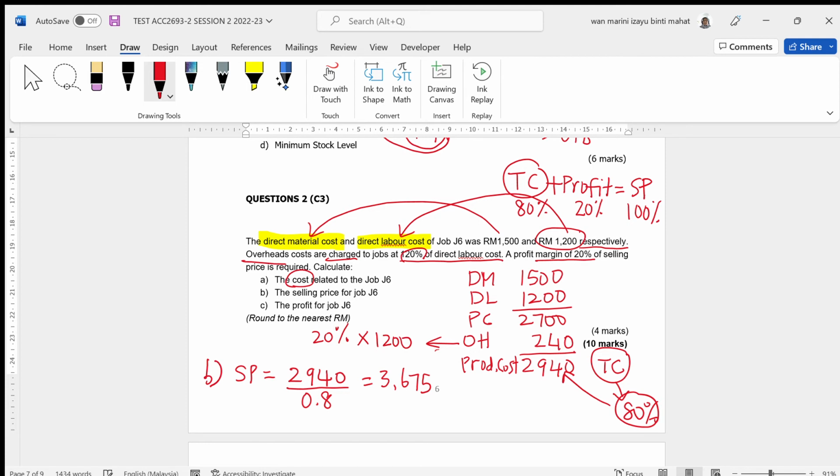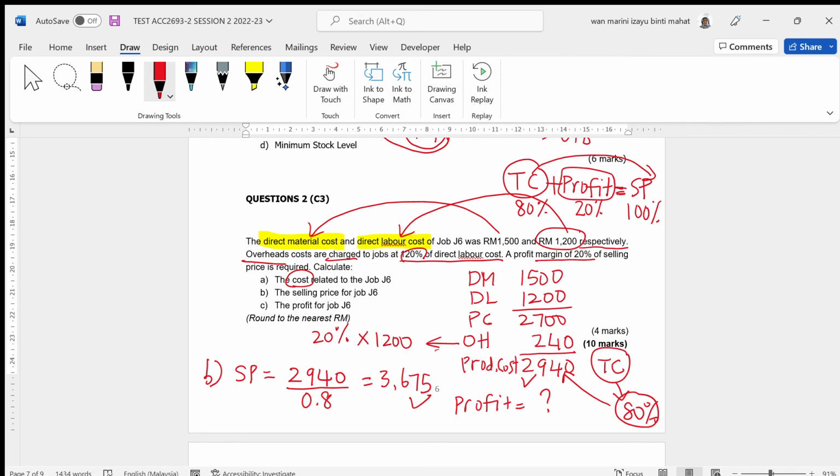What about C? We know that total cost plus profit equals selling price. So to determine the profit, if we bring the total cost to this side, it becomes selling price minus total cost. Right? So selling price is 3675. Total cost is 2940. So basically the profit is how much?